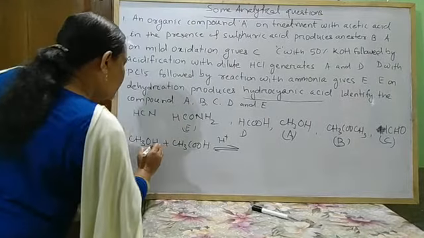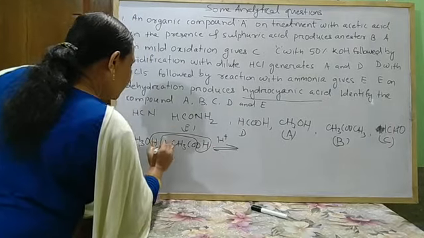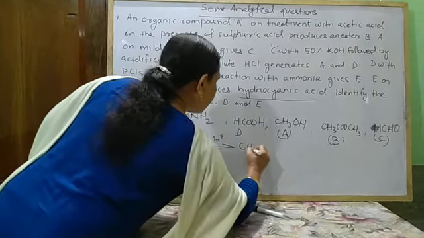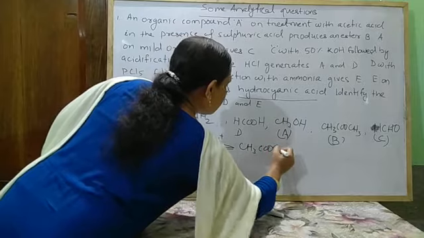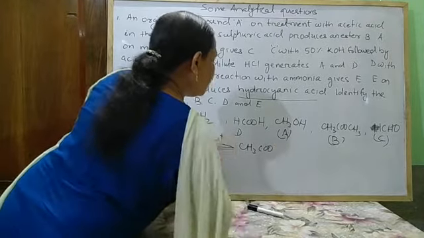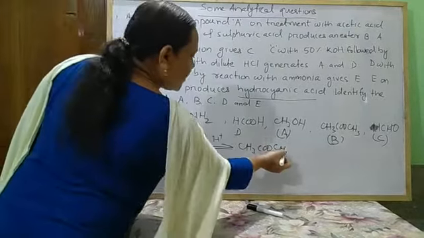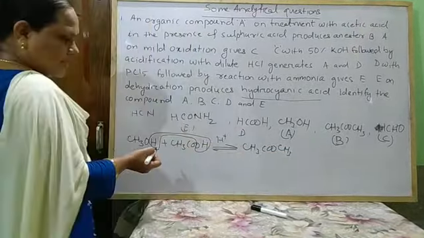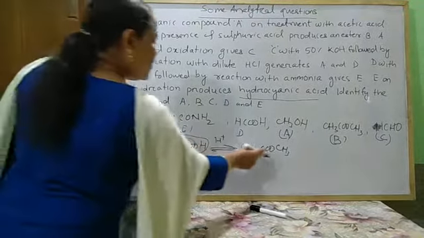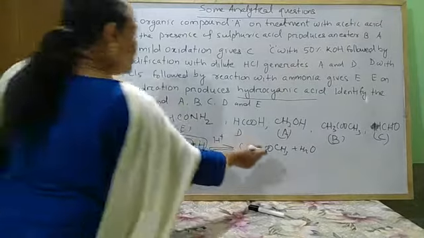Here H of this and OH of this, it gives CH3COOCH3. Right side alcohol part, left side acid part. Remember, this is your ester plus water. So this is the main product.